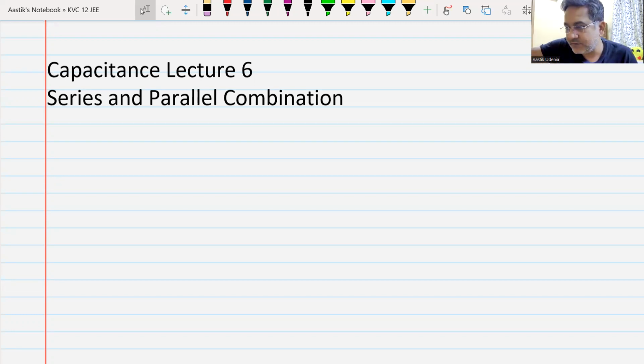We are dealing with series and parallel combination, and from capacitors we had also moved on to resistors. Remember, whether it's a question on capacitor or a question on resistor, the concept remains the same. Do we remember this? Yes or no?